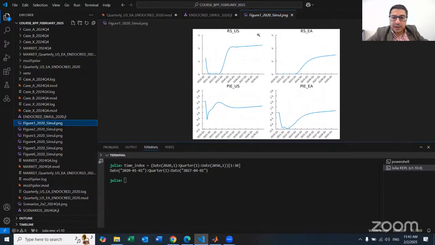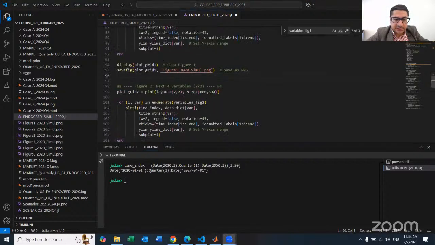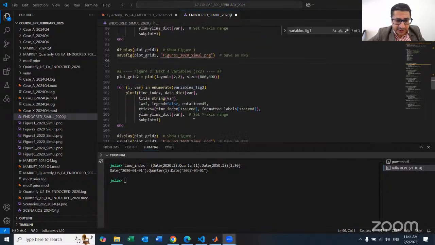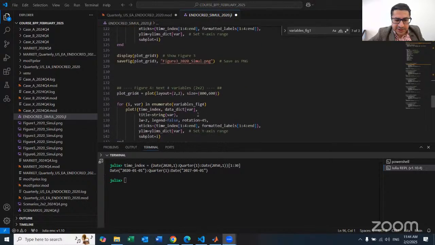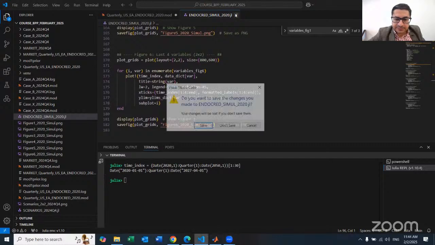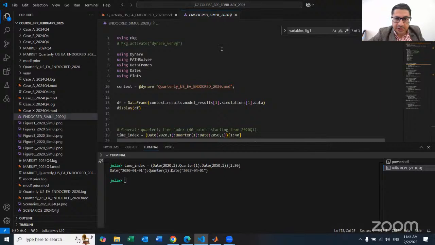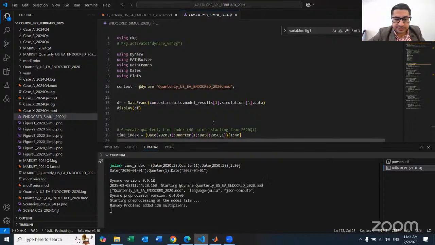Okay. Then we created the second figure with other variables. It's exactly the same, here 6 figures. If you installed everything correctly, you can open this Julia code and just run. On the first try, it might take some time, like a couple of minutes.